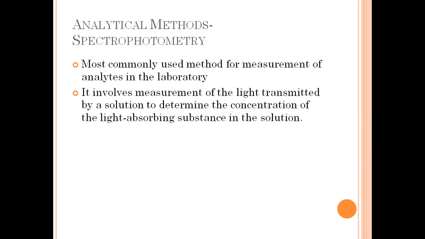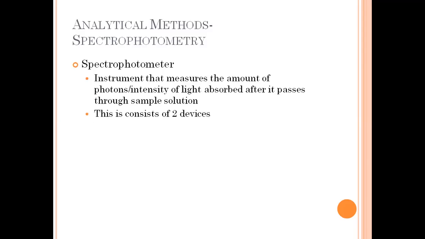So going back again, spectrophotometry involves the measurement of how much a chemical substance absorbs or transmits light. And of course, spectrophotometry uses an instrument called the spectrophotometer. A spectrophotometer is an instrument that measures the amount of photons or intensity of light absorbed after it passes through the sample solution.